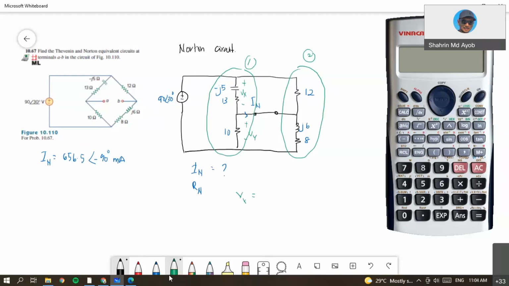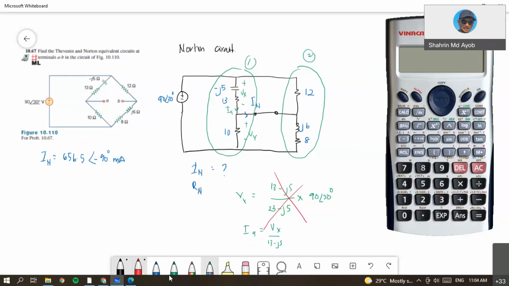For example, this one is 13 minus J5 over 23 minus J5 multiplied with the voltage source, which is 30 degrees. Then after that you can get the current IA. So IA is Vx over 13 minus J5, right? So this is actually wrong. You cannot use the voltage division technique here.